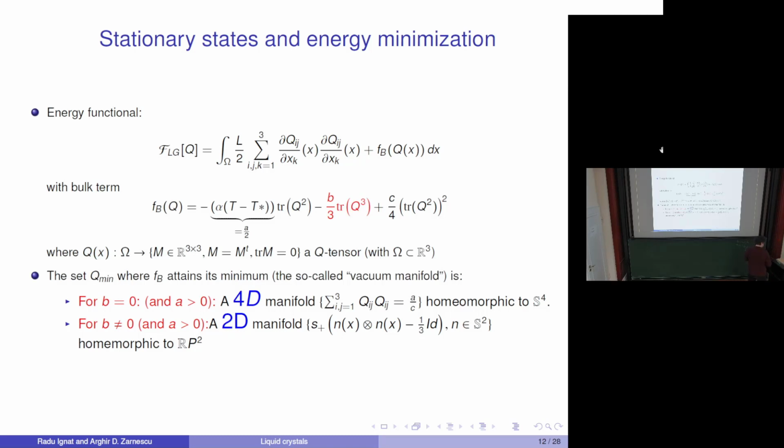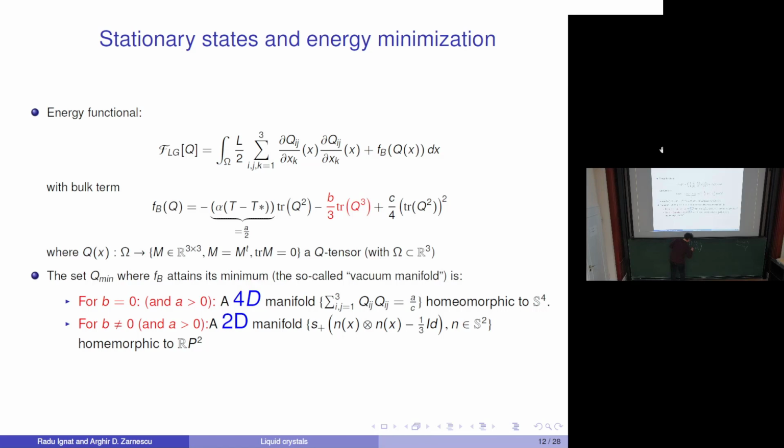Because in this Q, I just have 5 independent components: Q1, Q2, Q3, Q4, and Q5, and then I repeat here.